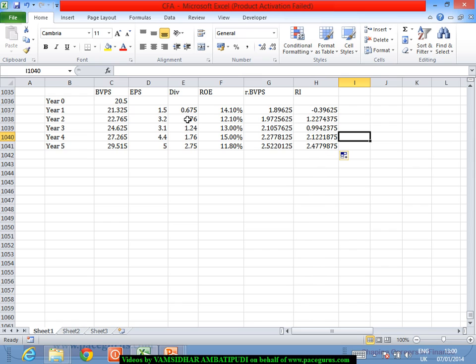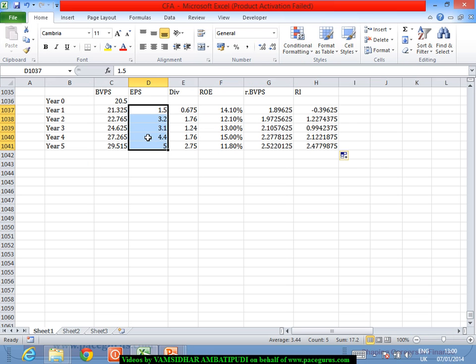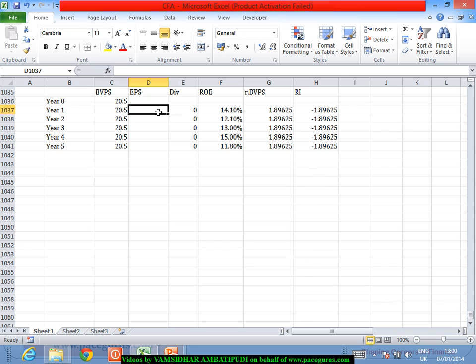Otherwise, I'll keep the ROEs just to understand the numerical better. I'll keep the ROEs, but I'll not look at the EPS at all. So let's say I'm removing the EPS. So what is coming out is, in the first year, the book value per share multiplied by the ROE.